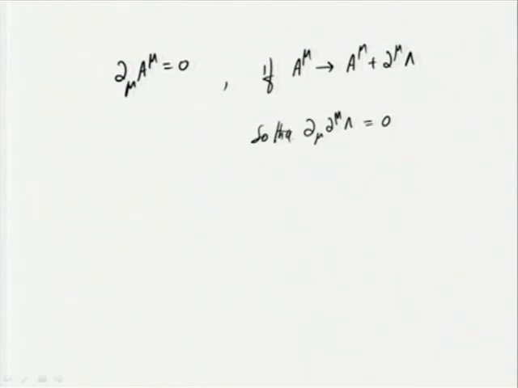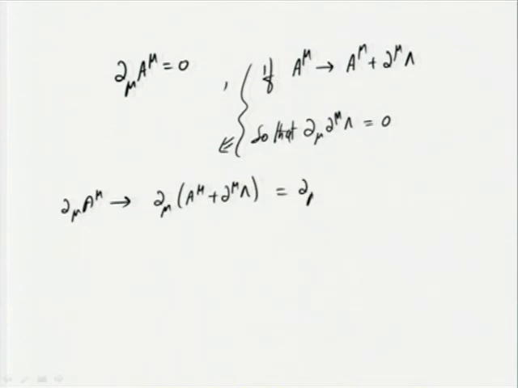This will give us dou mu A mu going to dou mu A mu plus dou mu dou mu lambda, which is equal to dou mu A mu, because the second term is equal to 0. That is the property of the chosen lambda. So, we can fix this in this fashion.